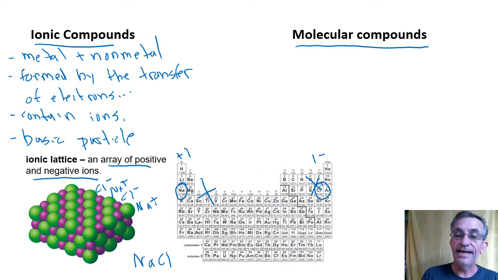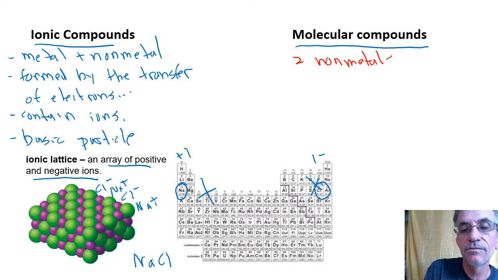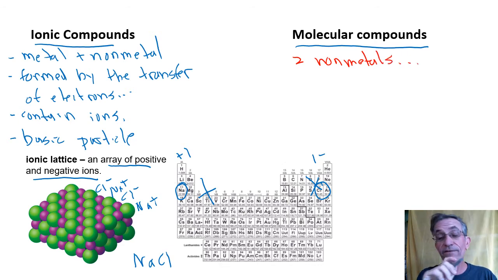All right. Now for a molecular compound, molecular compounds are different. Molecular compounds, let's switch to a different color here. Molecular compounds are, first off, as you already know when you learn to name them, made up of 2 nonmetals. What we haven't talked about is what's going on to keep those nonmetals together.